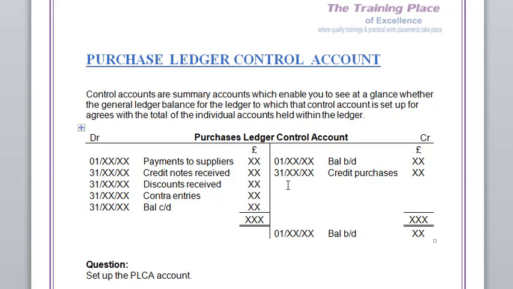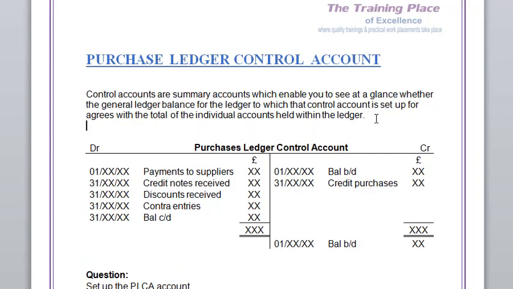We have the purchase ledger control account. What goes on to the debit side? Do bear in mind, this is a liability account. For a liability account, you want to know what balance it carries. A liability account will carry a credit balance by default.